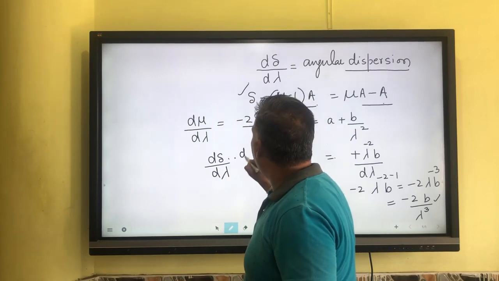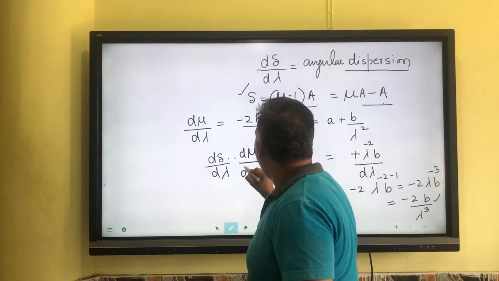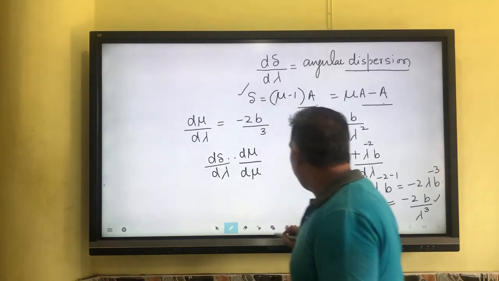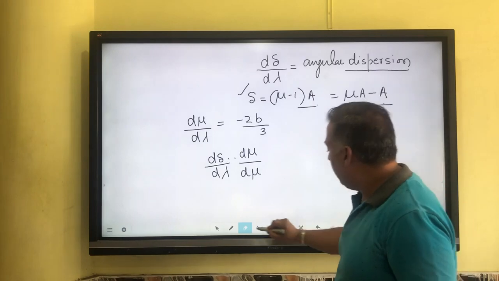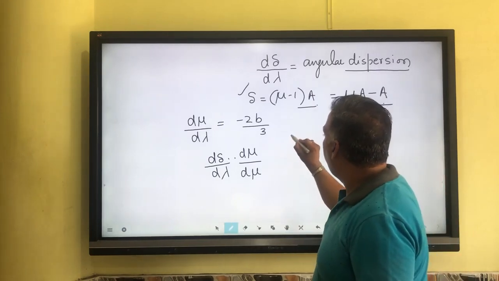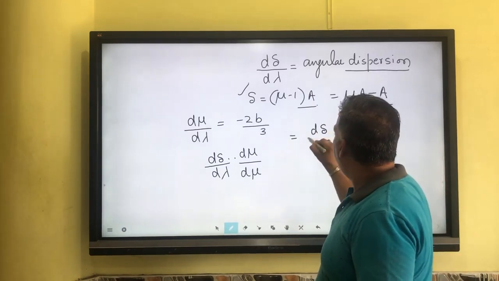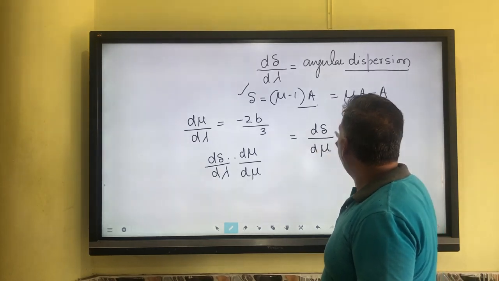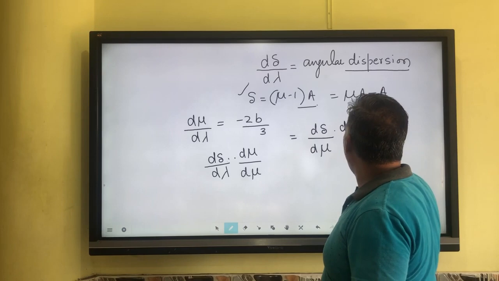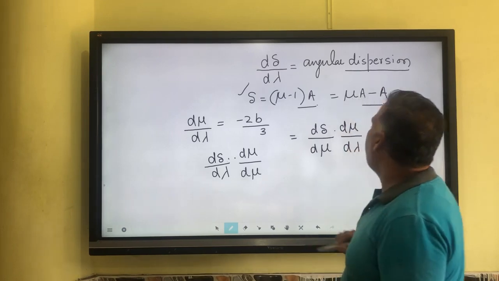What should I do? I multiplied by d mu and divided by d mu. Then the value becomes d delta upon d mu into d mu upon d lambda.